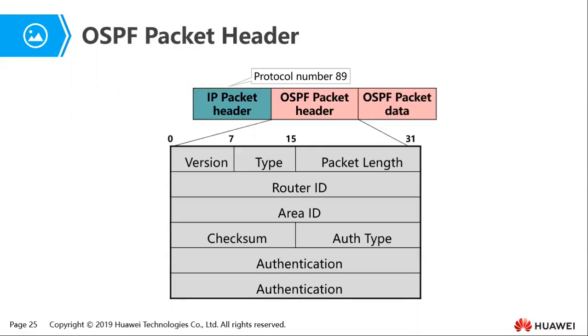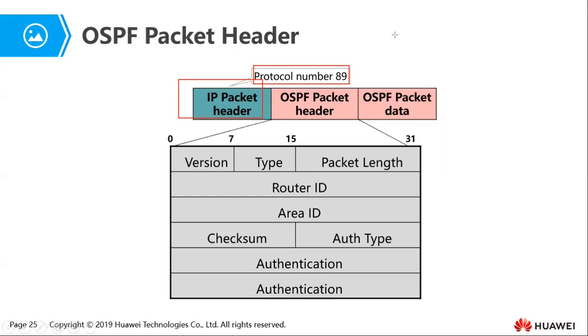To begin with, I want to mention that OSPF operates at layer 3 and is encapsulated by an IP header. On the IP header, the protocol number field for an OSPF packet is 89.